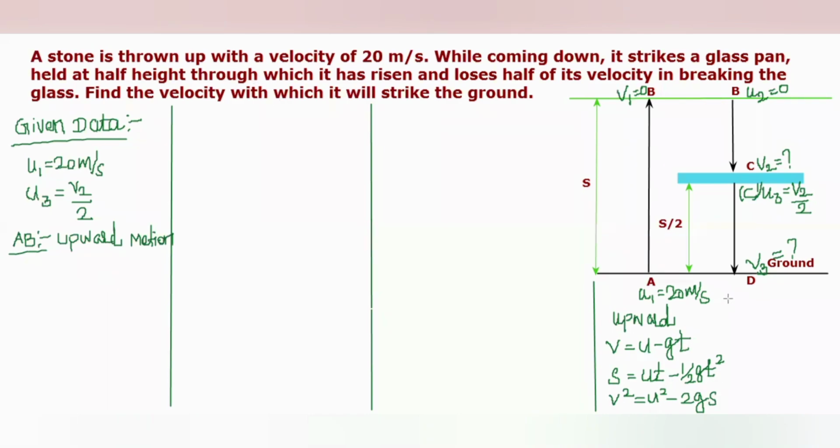Then for the downward motion, that I'm also going to mention here. For the downward motion, the only change is that instead of minus G, we replace it with plus G. So in the downward motion, V equals U plus GT, S equals UT plus half GT square, V square equals U square plus 2GS.